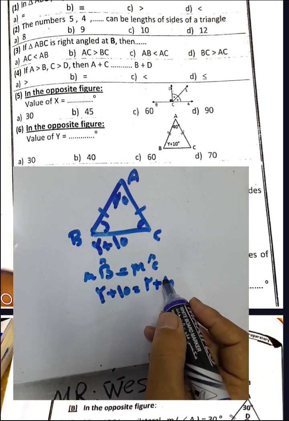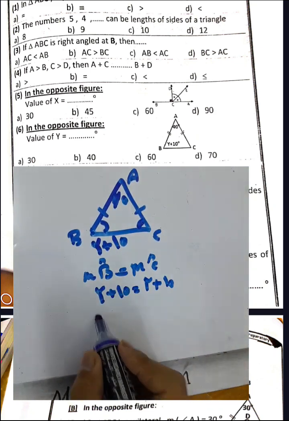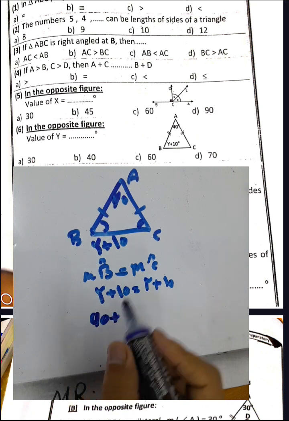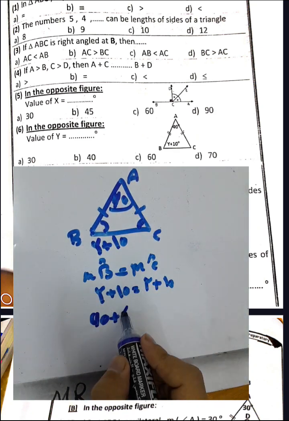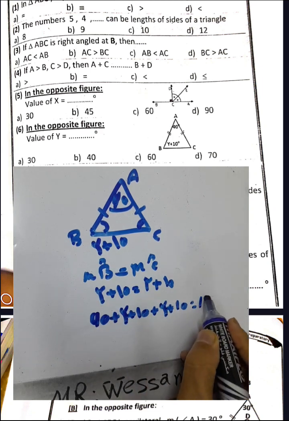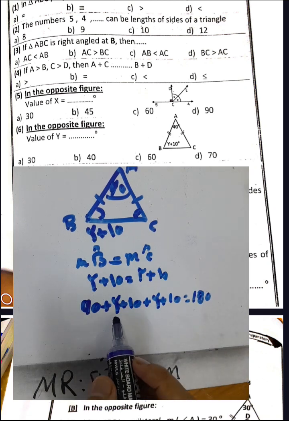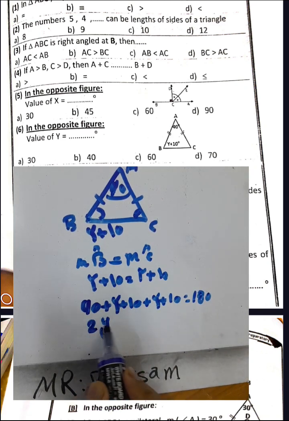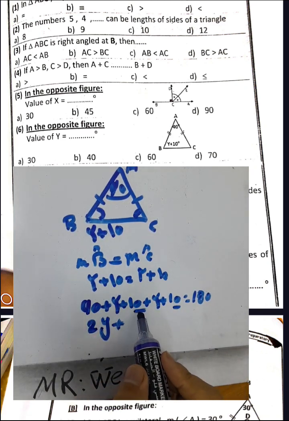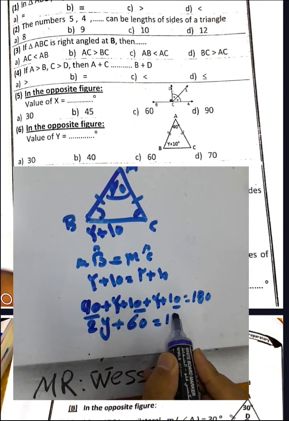Okay, and we know the sum of interior angles in a triangle equals 180. Then 40 at the vertex plus y plus 10 plus y plus 10 equals 180. Then you can find the value: y plus y equals 2y, and 10 plus 10 is 20, 20 plus 40 equals 60, so 2y plus 60 equals 180.